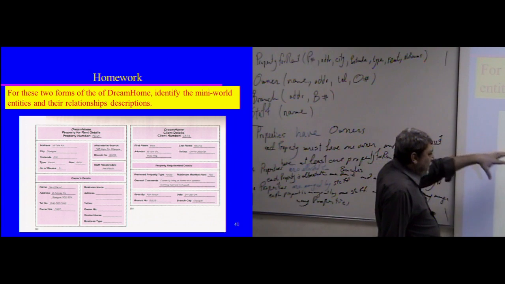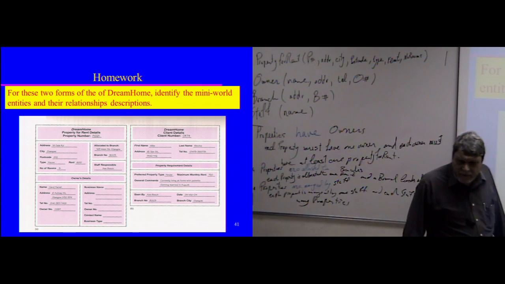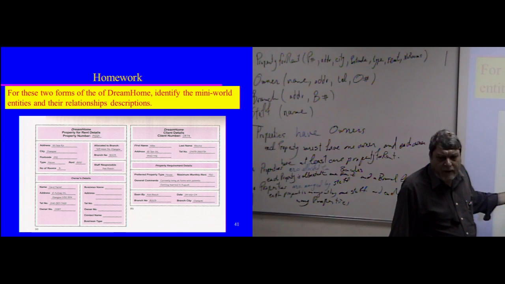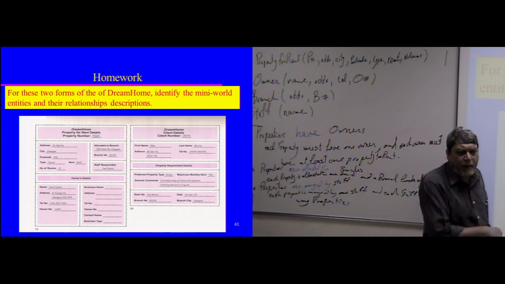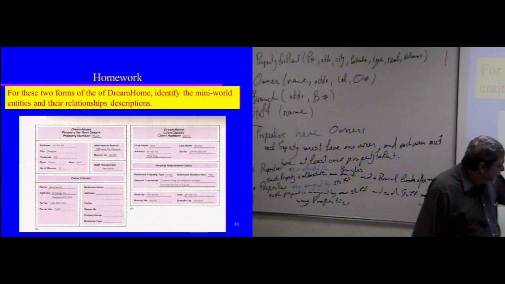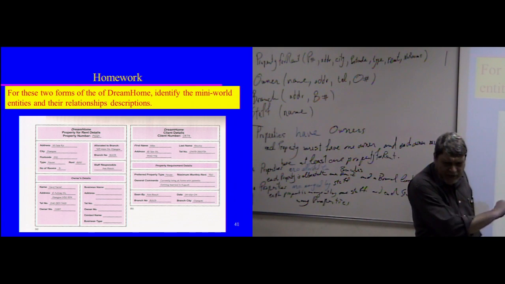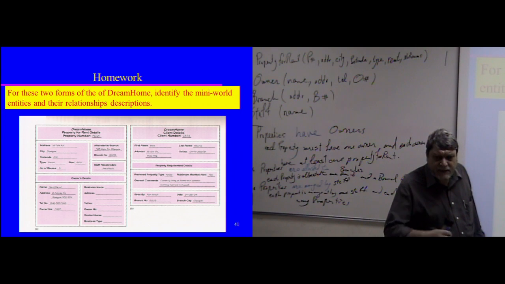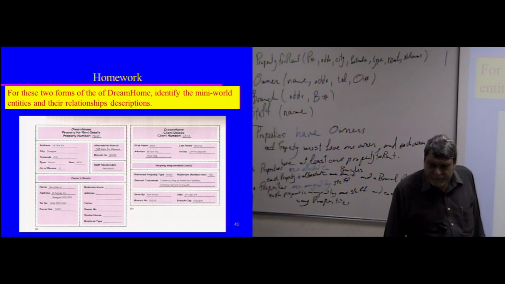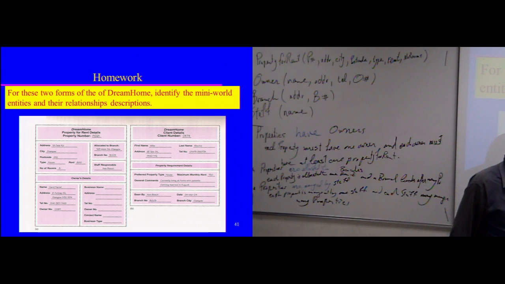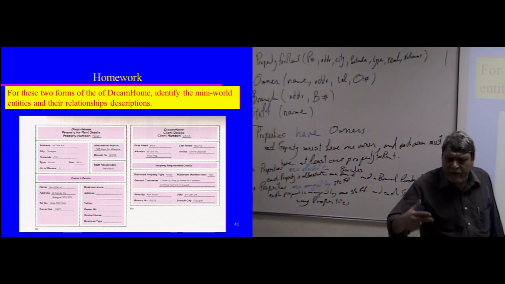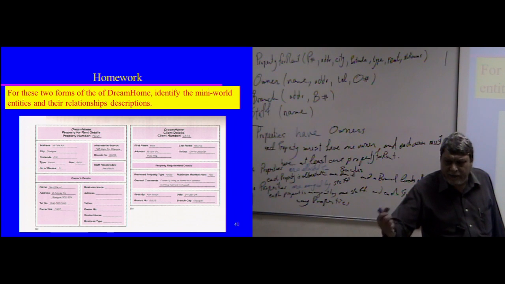So, looking at the different sections of the form, I can tell that there are other entities. There are entities that I need to store data about, because everything that's written here by hand is something that I need to store in the database. Otherwise, why is it included in the form? Which means that if I have staff here, name of a staff, then it should be somewhere in the database.